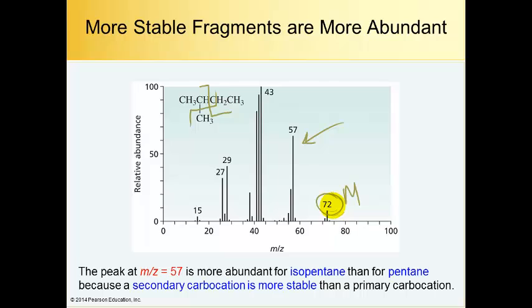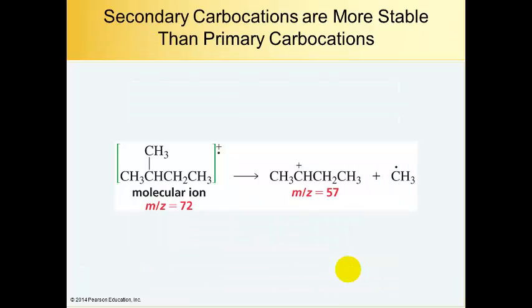The original molecule breaking certain bonds gives us a more stable carbocation, giving us a more abundant fragment. So the peak at mass to charge 57 is more abundant in this molecule than it was for normal pentane because of the secondary carbocation, and that's going to be more stable than the primary would have been for pentane. So secondary carbocations are more stable.